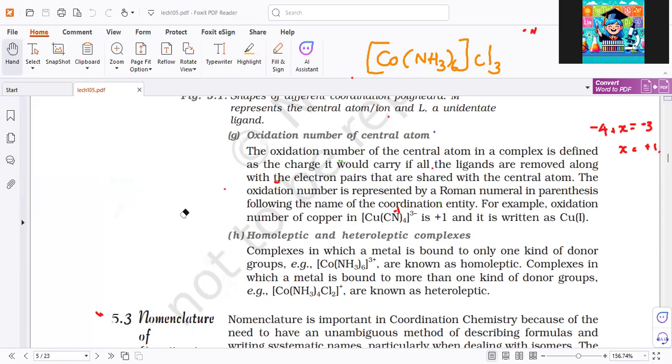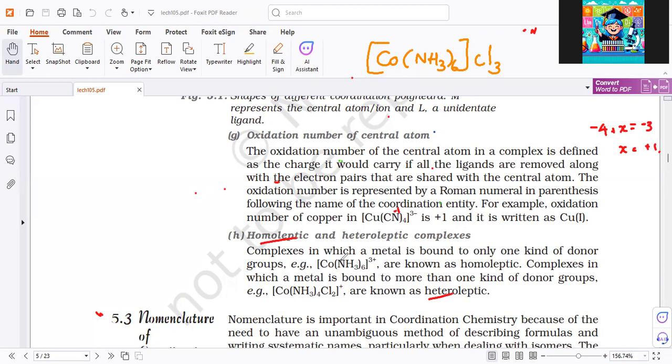In a complex, if the metal is bound only to ligands of the same type, these are known as homoleptic. Complexes in which the metal is bound to only one kind of donor group are known as homoleptic, for example, cobalt hexammine complex. Complexes in which the metal is bound to more than one kind of donor group are known as heteroleptic.